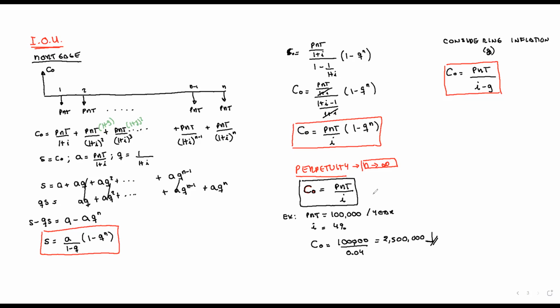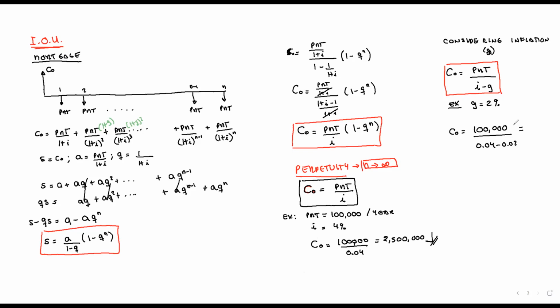So let's continue with this example. Now let's assume that inflation is equal to 2% per year. How much money do I need to put in to ensure that you receive a value that is adjusted by inflation? Well, C0 is going to be $100,000 per year, growing with inflation, divided by 0.04 minus 0.02.